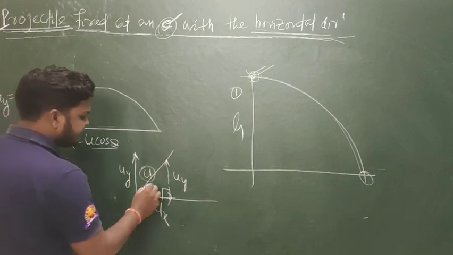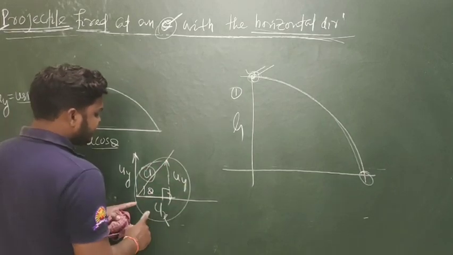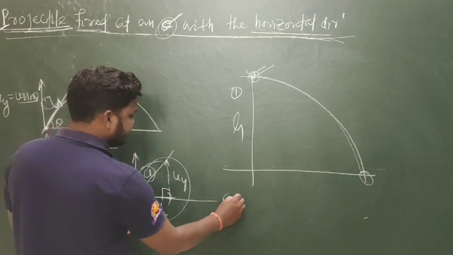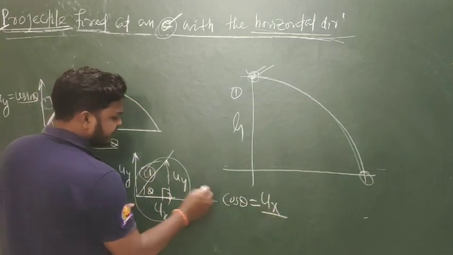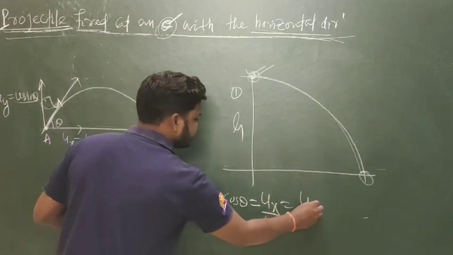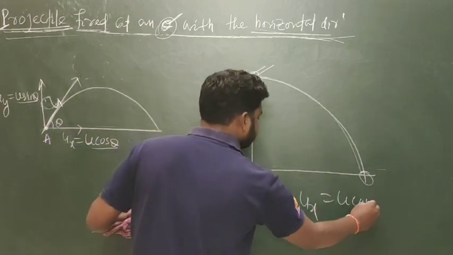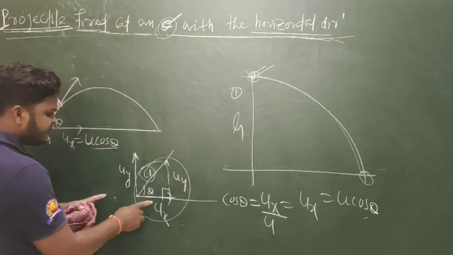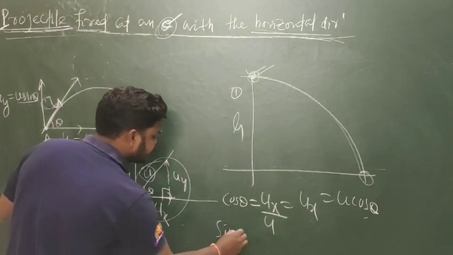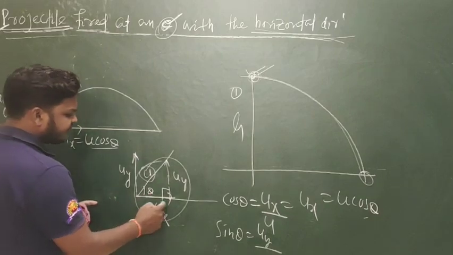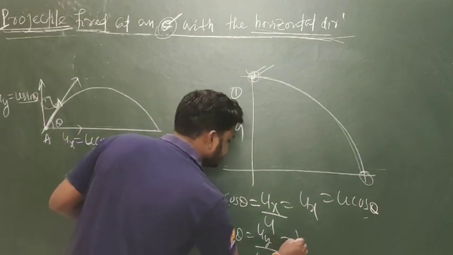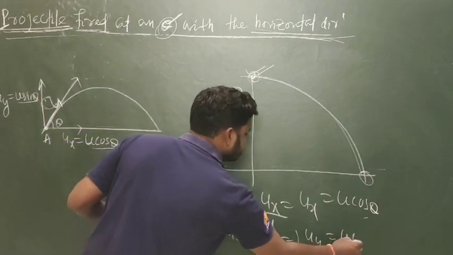Then we can write this is a right triangle, and in this right triangle cos theta is equal to base upon hypotenuse, ux upon u. So horizontal velocity ux is equal to u cos theta. Similarly, sin theta is equal to perpendicular by hypotenuse, uy upon u. So uy is equal to u sin theta.